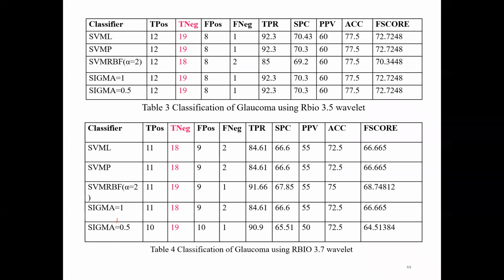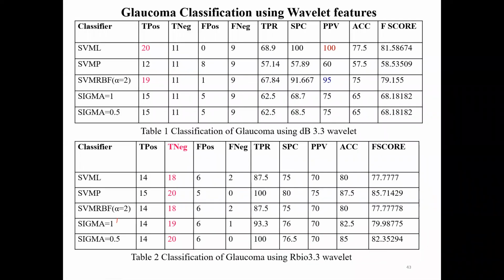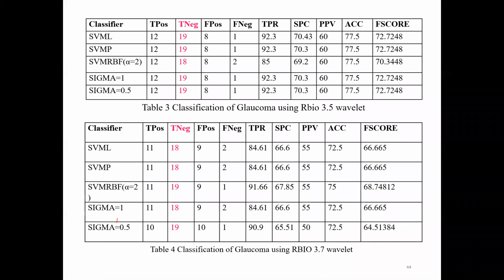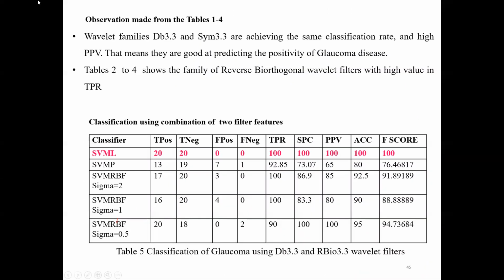We will discuss in detail the observations from these 4 tables, and what we can observe is summarized here. The wavelet families dB 3.3 and sym 3.3 are achieving the same classification rate and high PPV.